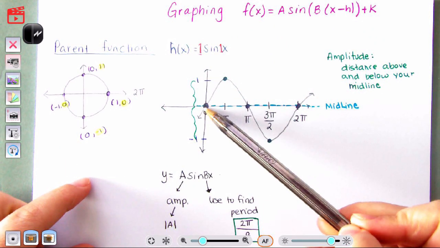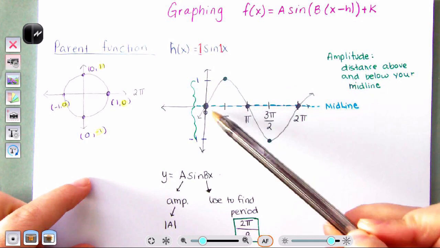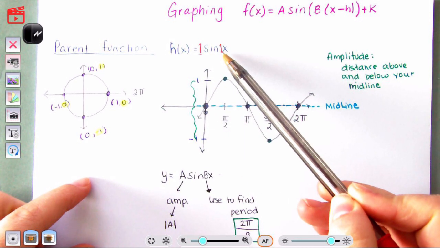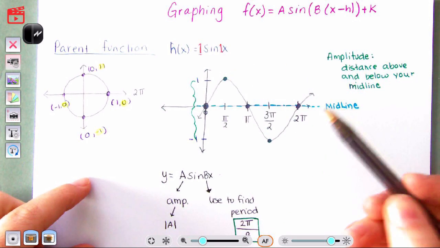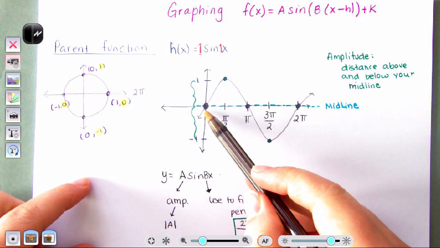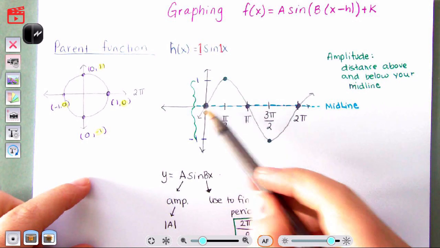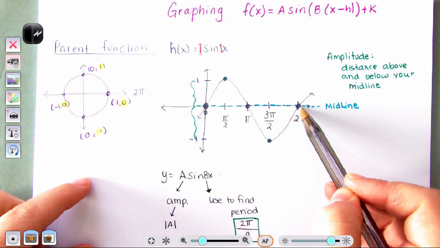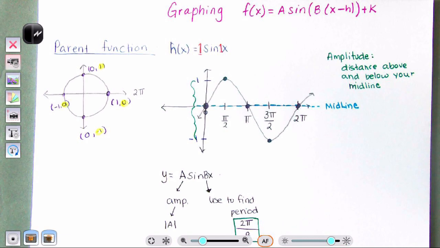So we have a distance of 1 above the midline and a distance of 1 below the midline. Our B value is 1, so we say 2 pi divided by B. So 2 pi divided by 1 is 2 pi. So 1 period is 2 pi. And then we can cut that in half, and have our parent function sine wave. Okay, this section has been reviewed.